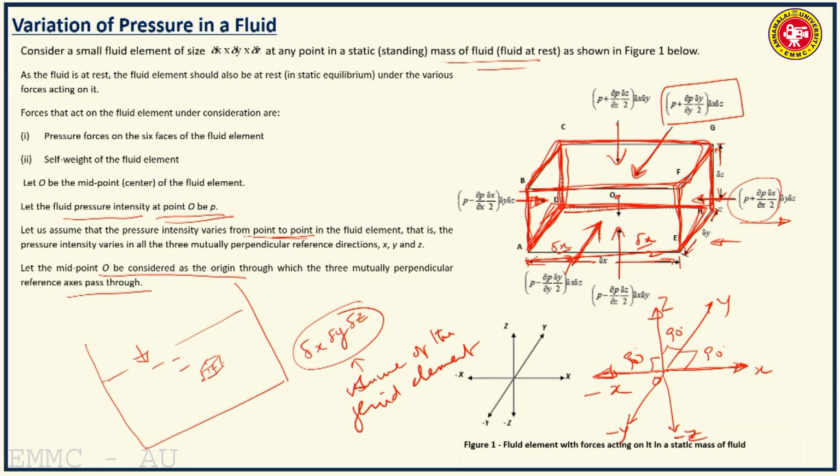See, in y direction, this is one force and this is another force, one acting normal to the front face ABFE, and the other on the rear face DCGH. The force acting on the front face is along positive y direction, and this force is in the negative y direction. So this is a positive force and this is a negative force.